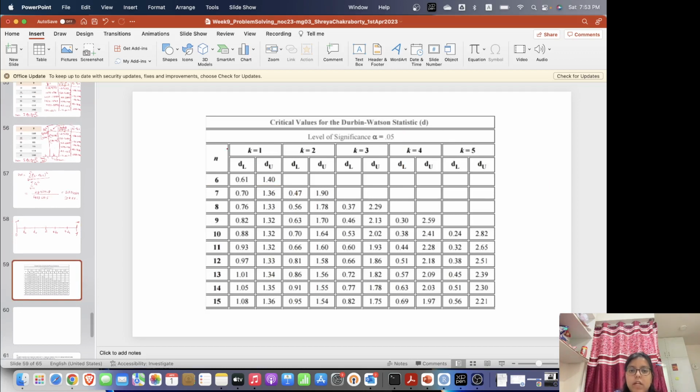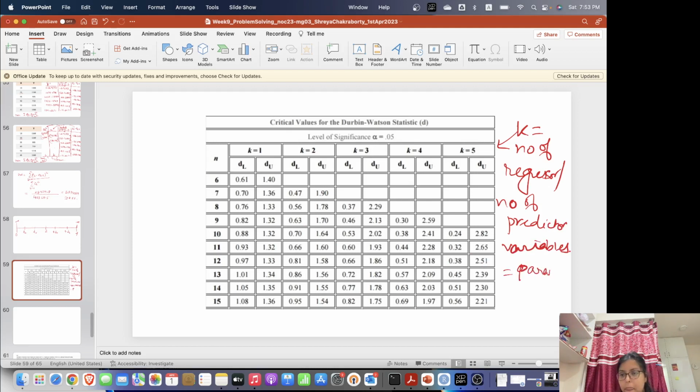Okay, so for this table, k is equal to the number of regressors, or number of predictor variables, except the intercept. This is very important.